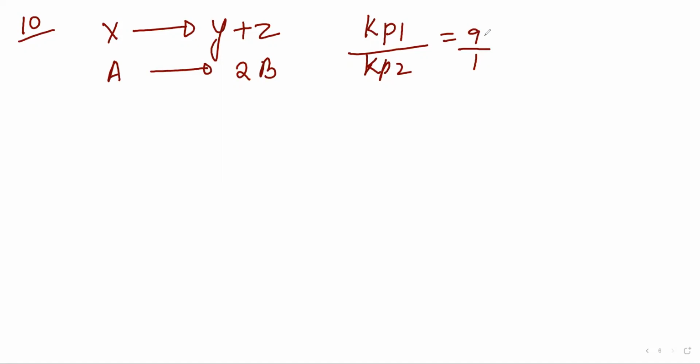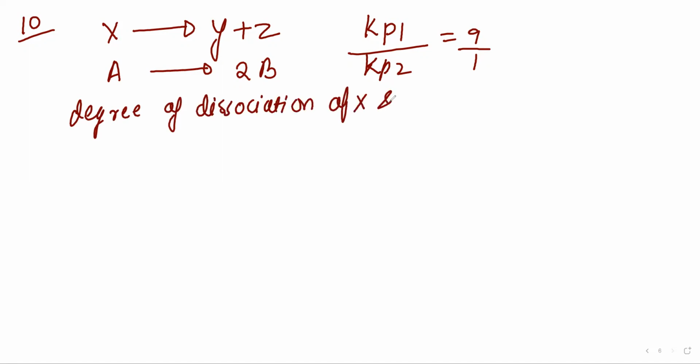The degree of dissociation alpha of X and A will be equal. So the total pressure at equilibrium will be, so it is asking about the total.